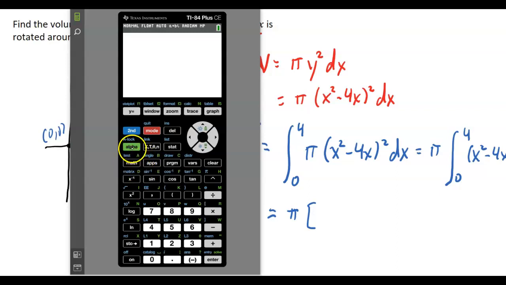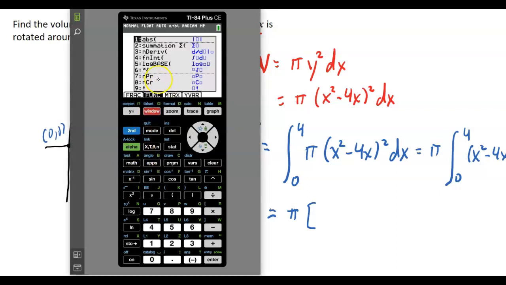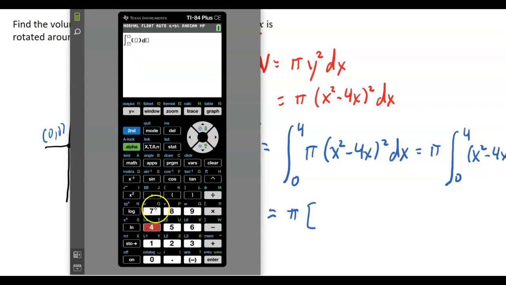I'm going to go to alpha F2, and I want to do function integration, which is number 4. And remember, you can also hit your math button and then number 9. We're going from 0 to 4, and I'm going to go x squared minus 4x, close parentheses for that, square it, and that's in terms of x, enter.